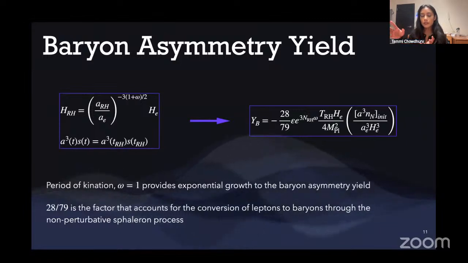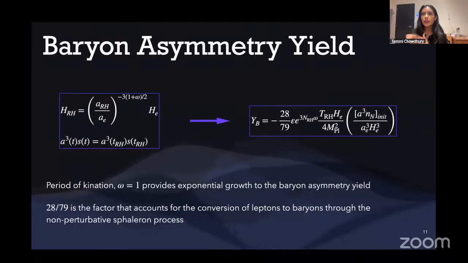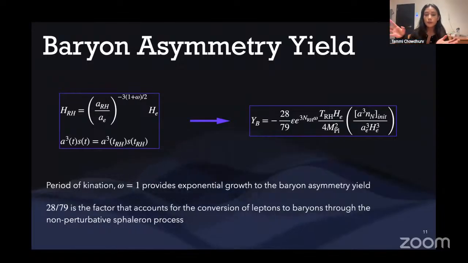It evolves with this omega, which is the equation of state of the universe. And we also assume that there is no entropy injection after reheating time. And so the entropy should be a conserved quantity. And so we have that second equation in the first purple box. Using these two relationships, you can then find this Y of B expression.